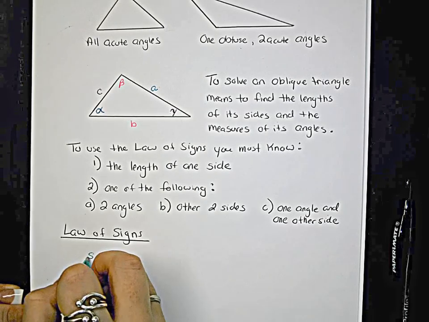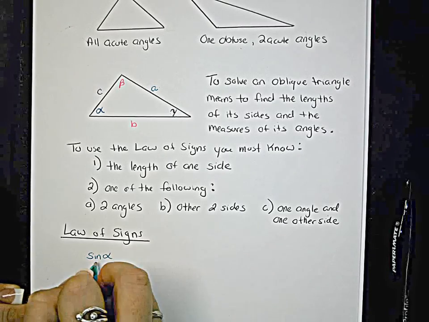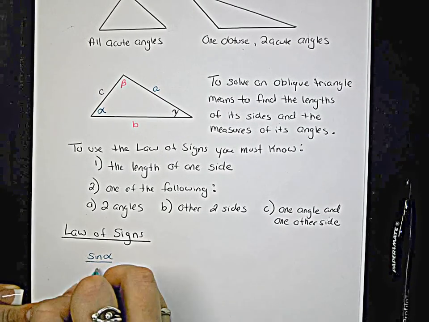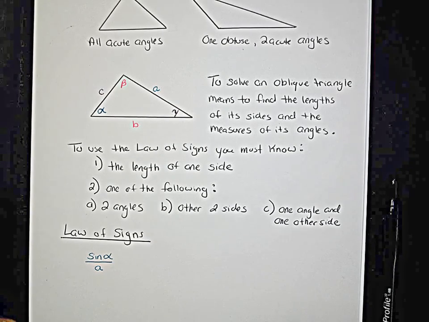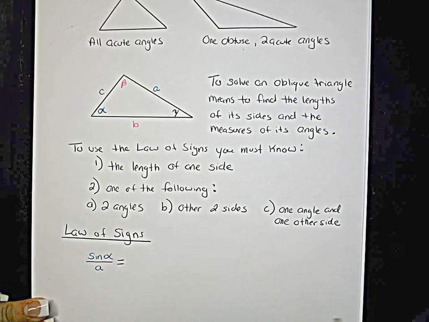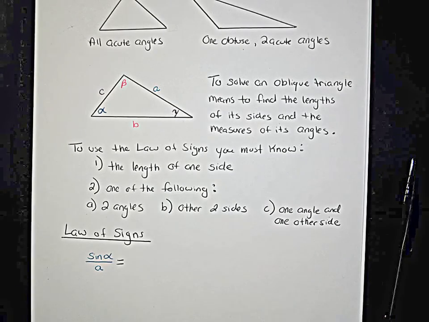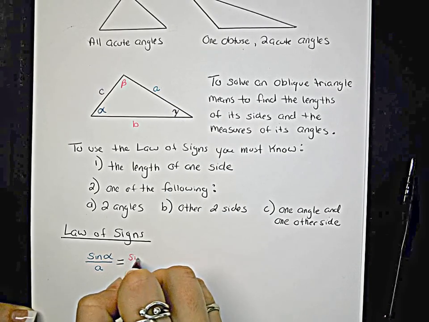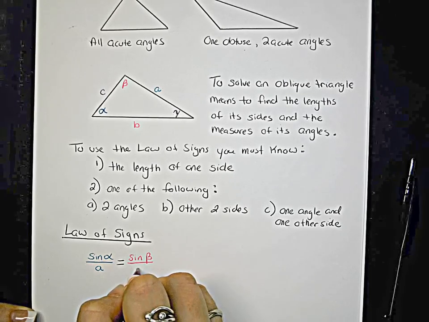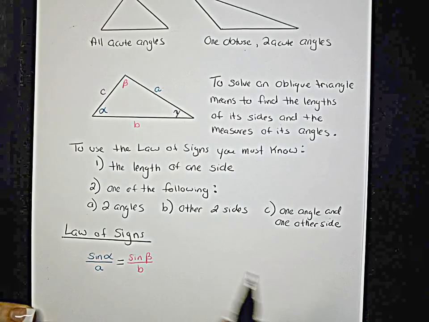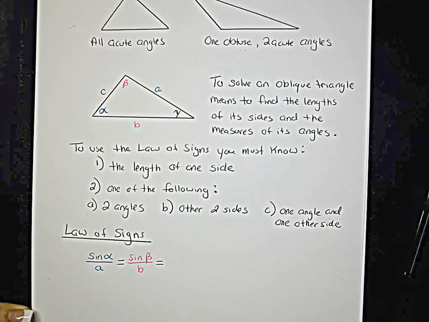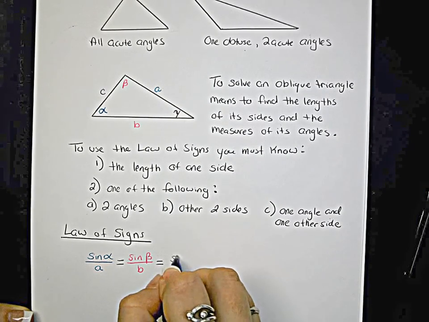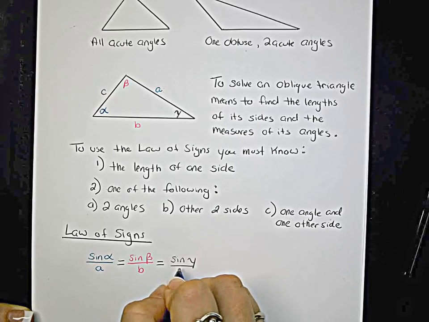If I take the sine of alpha and put that over the measurement of side a, the side opposite that, that's going to be equal to the sine of beta over b. And both of those are also going to be equal to the sine of gamma over c.